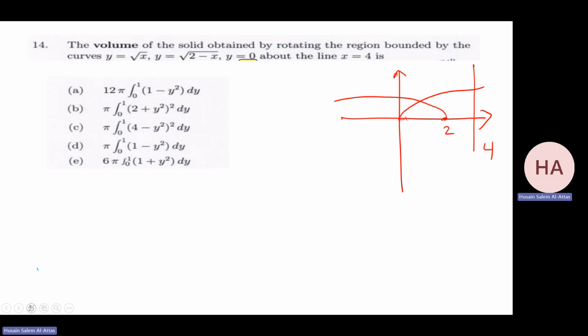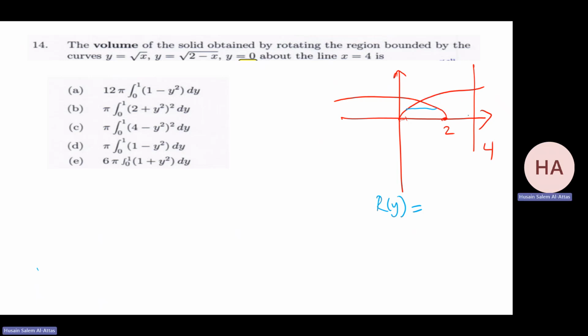Okay, so I will do the calculation in terms of x equals 4 perpendicular, so it will be this. Oh, I did not change. It will be this. But everything in terms of y. Okay. What will r of y, the outer, be? It will be 4 minus this.